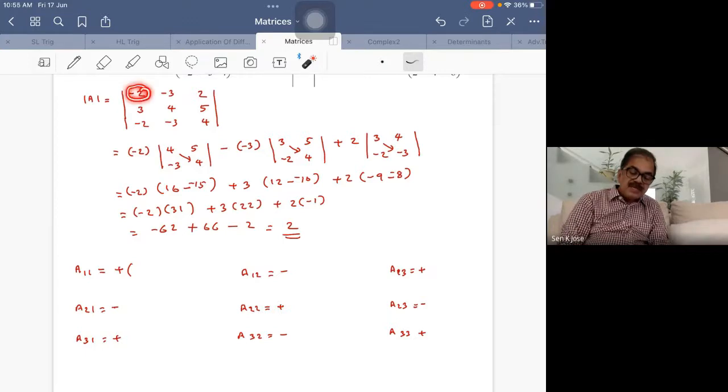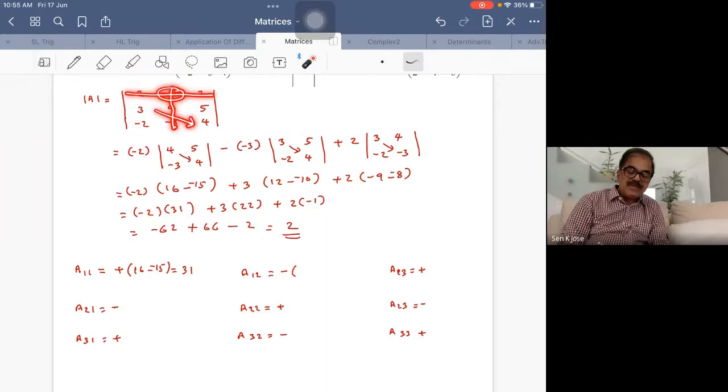A11 is here, its minor. I try to visualize like that. A11, when I say, I delete the row and the column it belongs to. The rest, when you cross multiply, it is 16 minus 15, which is 31. Now, A12, this is the element A12, delete the row and the column it belongs to, cross multiply.